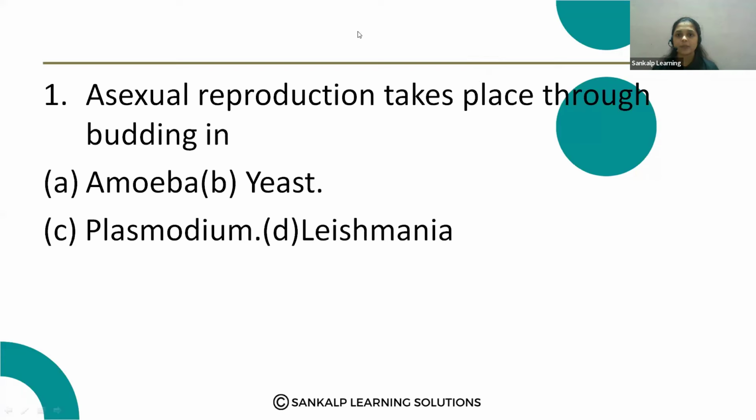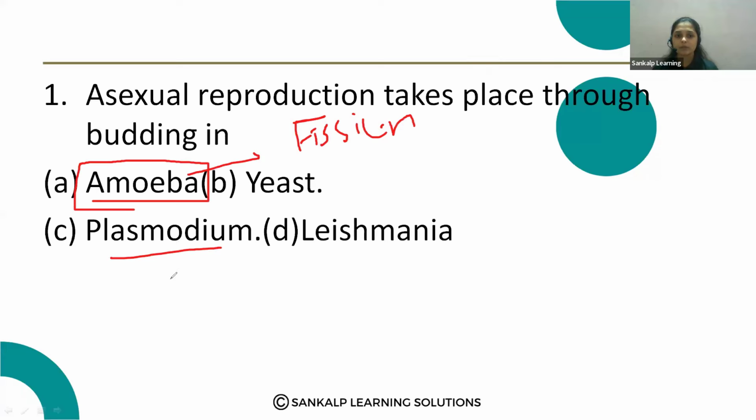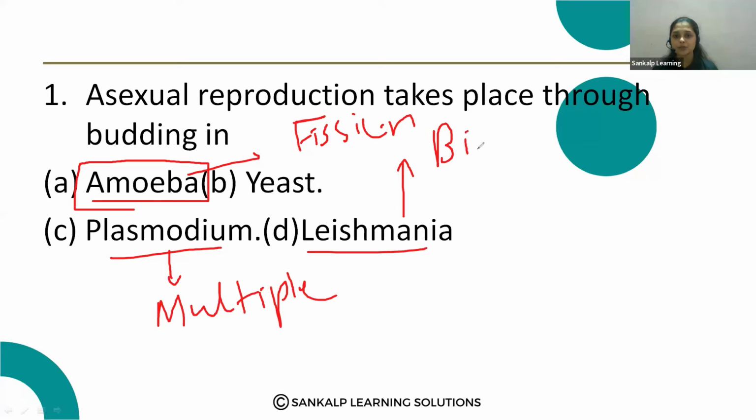Okay. In amoeba, we can observe the asexual type of reproduction called binary fission, right? Plasmodium shows multiple fission, and in leishmania also we can observe binary fission.